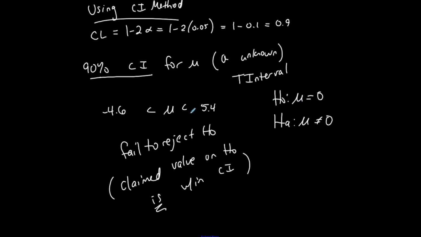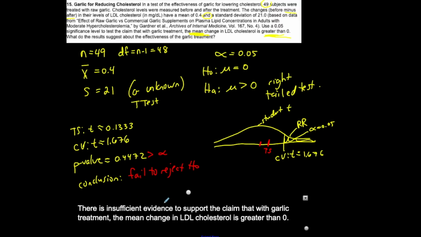But it's in here. And this represents an interval of numbers that are possible for the population. I'm 90% confident in this interval, which means that I can't throw it away. So I have to fail to reject it, and therefore I come to the same conclusion that there's insufficient evidence to support the alternative, that with garlic treatment, the mean change is greater than 0.